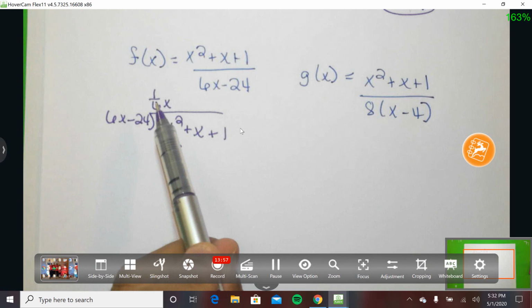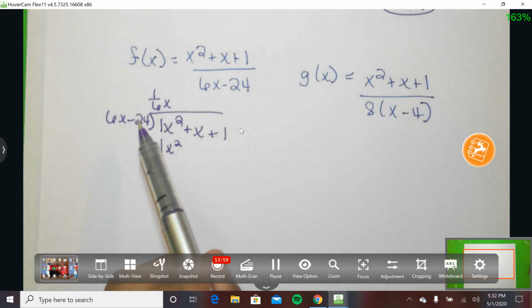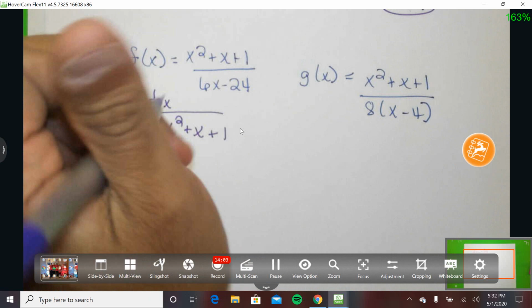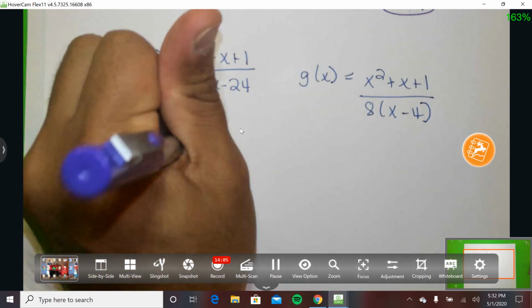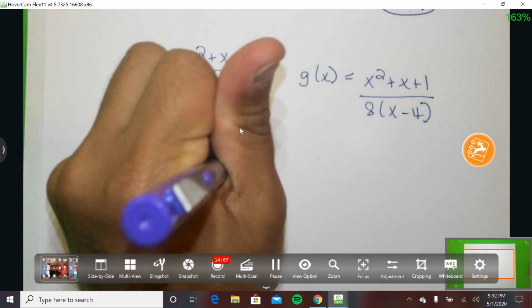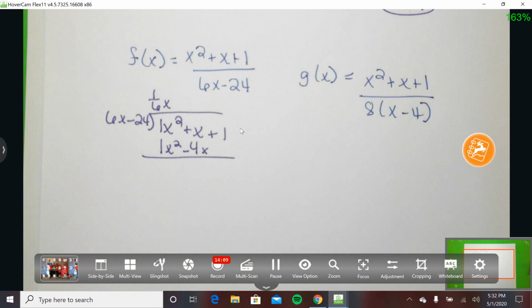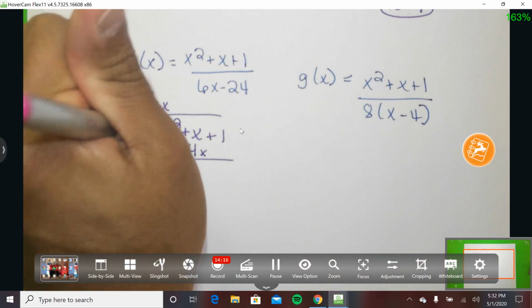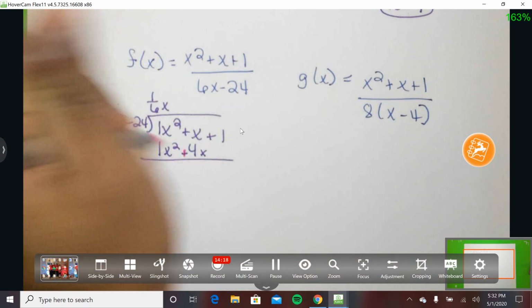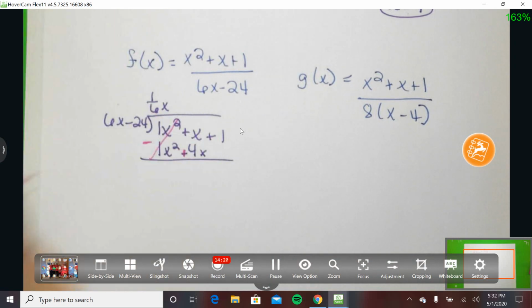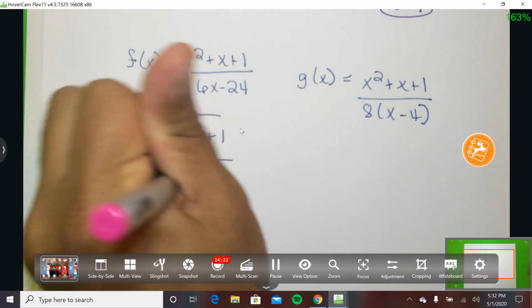And you have to multiply it here too. 1/6x times a negative 24 gives you a minus 4x. And then from there, you subtract, or you change signs, basically. So I'm going to change this to a minus, this changes to a plus, this cancels out, and then you have 5x plus 1.